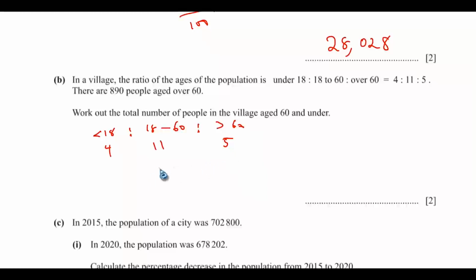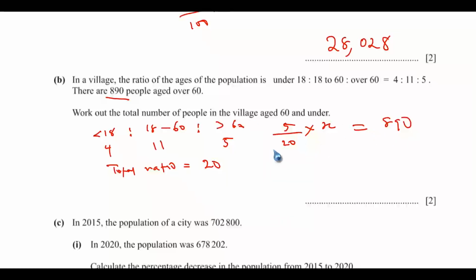The total ratio is equal to 4 add 11 add 5, that is 20. For those aged above 60, their ratio is 5 over the total ratio, which is 20, times x, the total population, is equal to 890, as stated here.